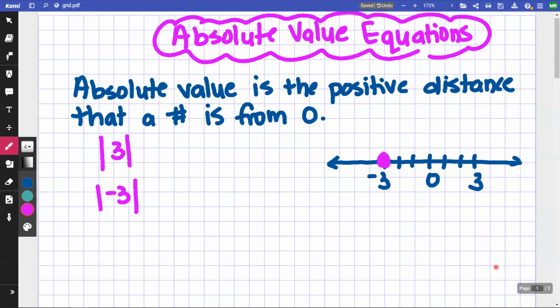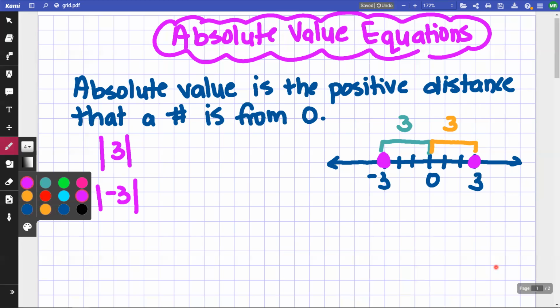And how far is that from 0? The distance from here to here is 3. The distance from here to here is also 3. So the absolute value of 3 is going to be 3. And the absolute value of -3 is also going to be 3. So I'm always going to be getting a positive value back.